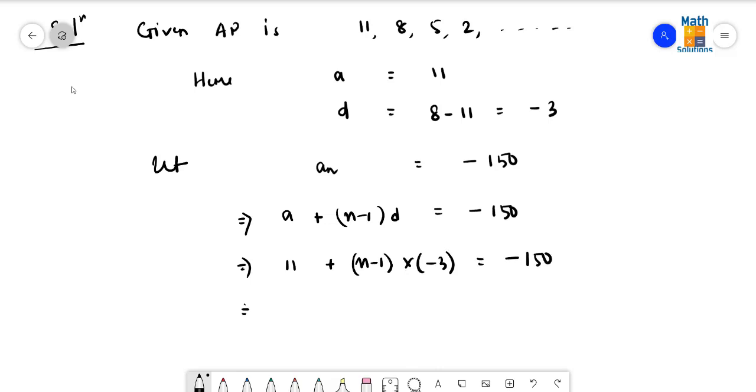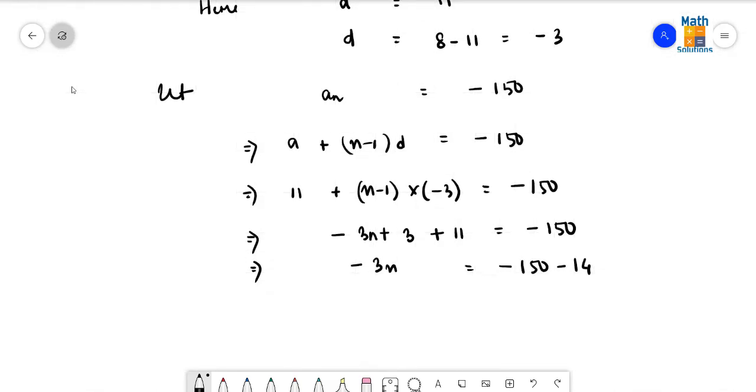So after this what we shall be doing, minus 3 times n, then minus times minus is plus 3, plus 11, that is equal to minus 150. Then when 3 and 11 are added, we get the result 14, and when it is shifted to the opposite side it comes as 150 minus 14.